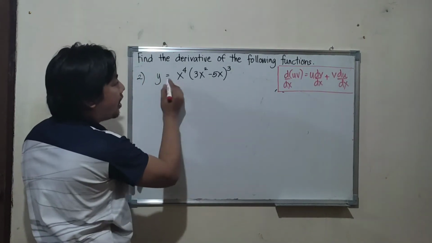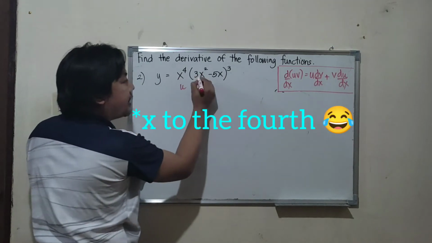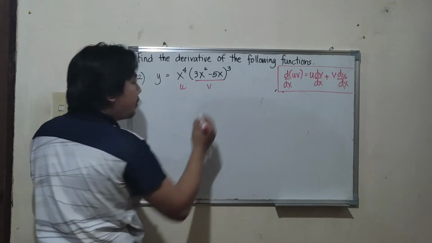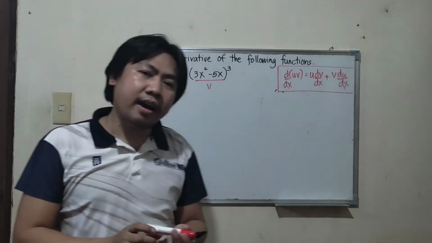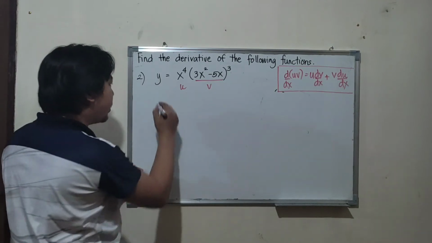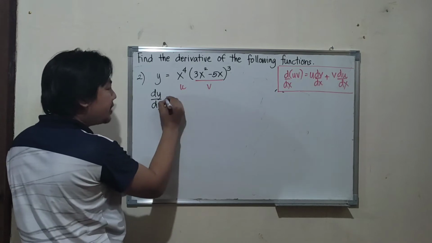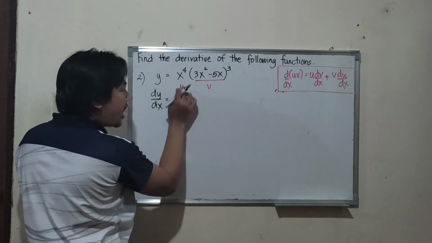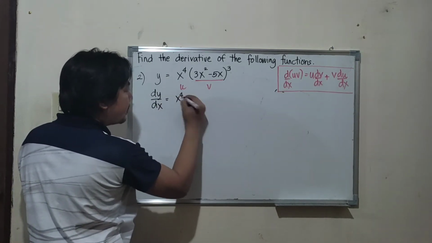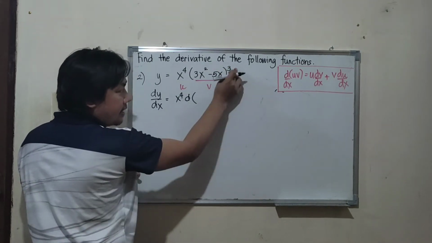So, in this expression, so we have u is x to the fourth, and then this term is our v. So, apply the formula. So, we can use the symbol y prime or derivative of y with respect to x. So pares lang din naman yon. So we have, so just copy u. So u is x to the fourth times derivative of this term, v, kasama yung exponent.